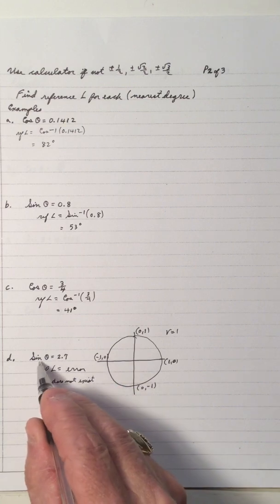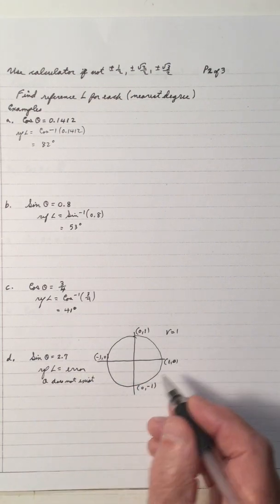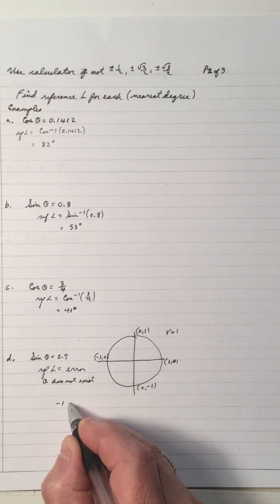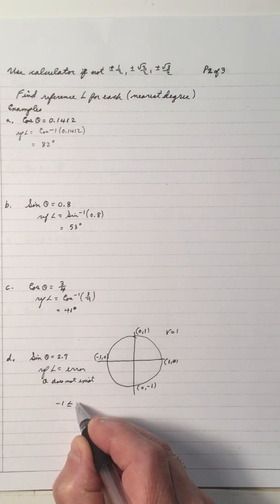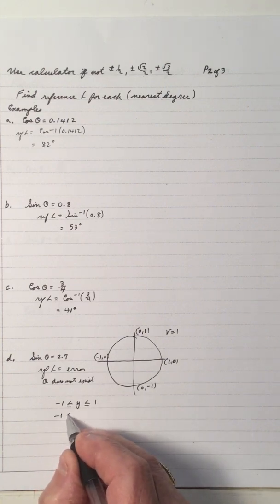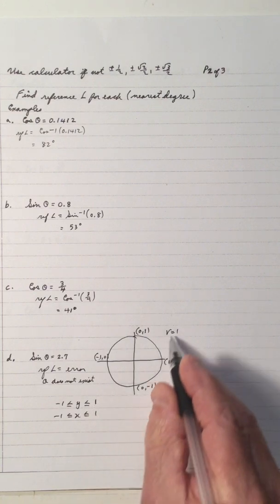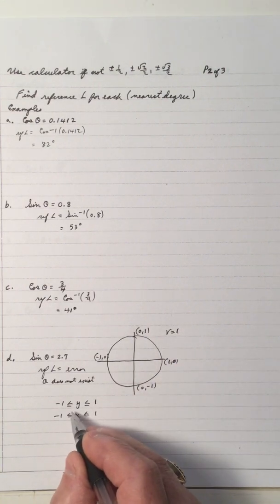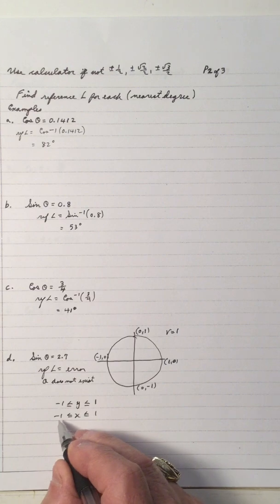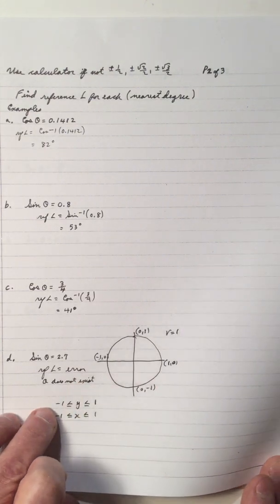So the sine or the cos is always between -1 and 1, less than or equal to 1. Those x values and y values on the unit circle, whose radius is 1, are always between -1 and 1. That's why we got an error on the calculator, but it can't be done.